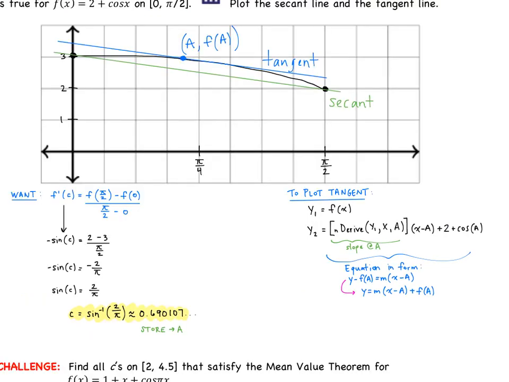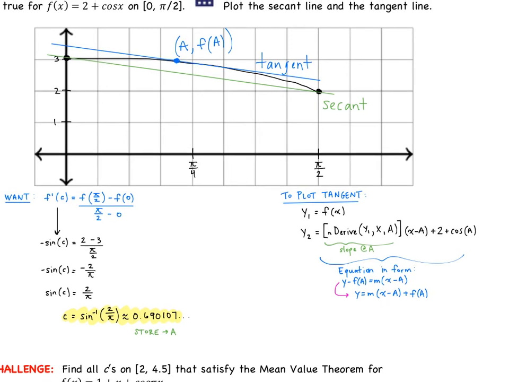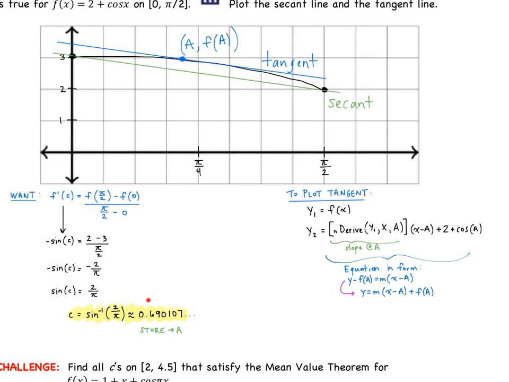If you did it correctly, you should see y1, the function, on your calculator graphed, and you should also see the tangent line at the point, whatever we said a was. So this 0.690107. So you should see that tangent line drawn in.